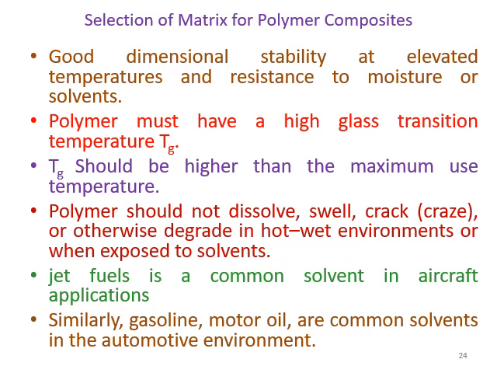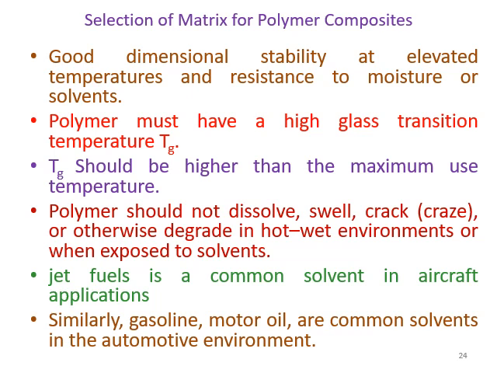The glass transition temperature should be higher than the maximum use temperature of the composite, right? For a particular application, suppose the maximum temperature to which the composite will be exposed is 200 degrees Celsius, then the polymer matrix should have a glass transition temperature higher than 200 degrees Celsius, right? It should not be that it melts at 200 degrees Celsius.